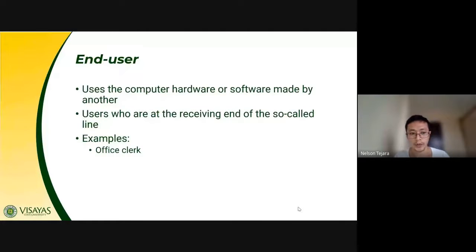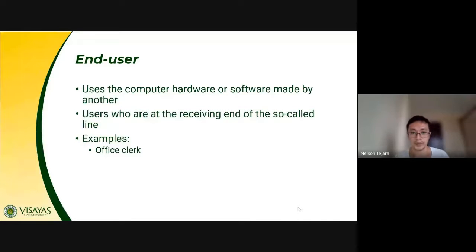So for example, if you are a gamer, class, you are still part of the end users because you are using a game application developed by some software developer. So you are at the receiving end. You receive the software applications developed by software developers. These are what we call, class, end users.